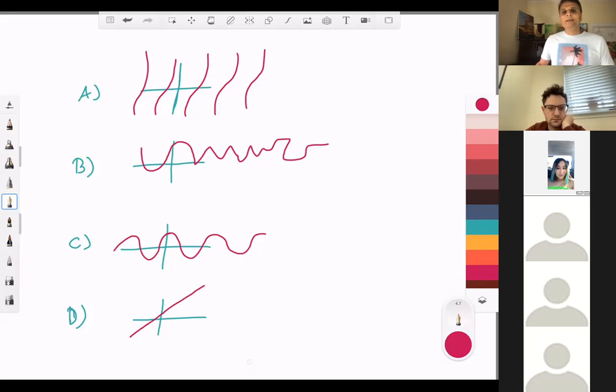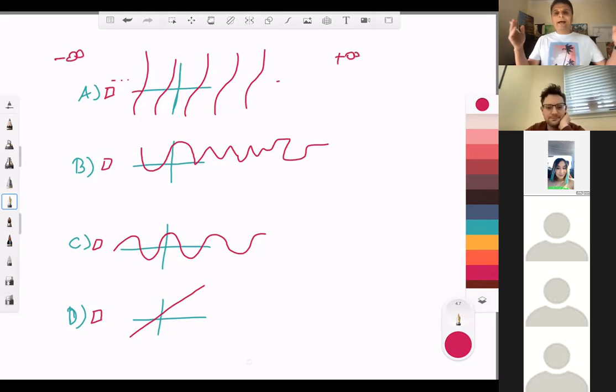Which one here, you can select more than one, is a periodic graph? The word periodic means it will repeat. So from negative infinity to positive infinity, the graph repeats. A and C.